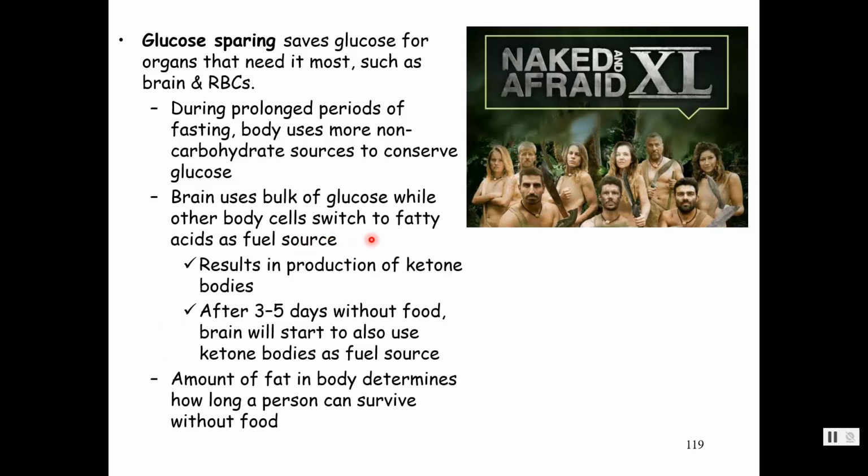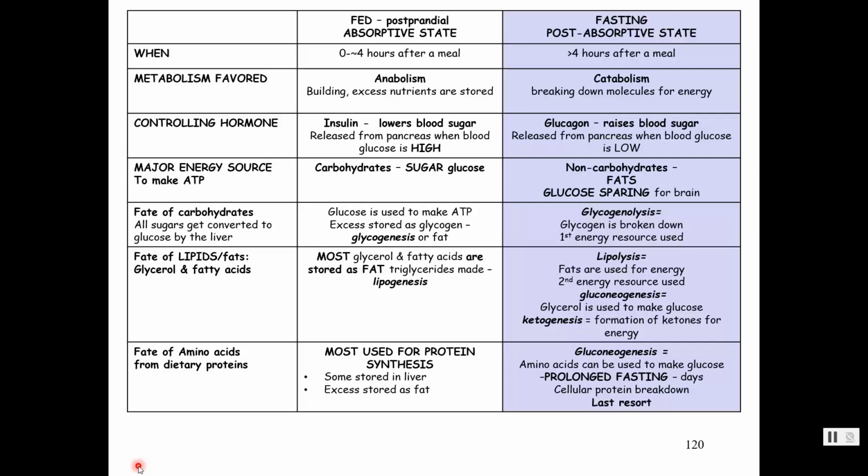Other body cells can switch a little easier than the brain. The amount of fat in a body is going to determine how long a person can survive without food. Like I said, you get those ketone bodies, and then you could get ketonuria, so ketones in the urine.